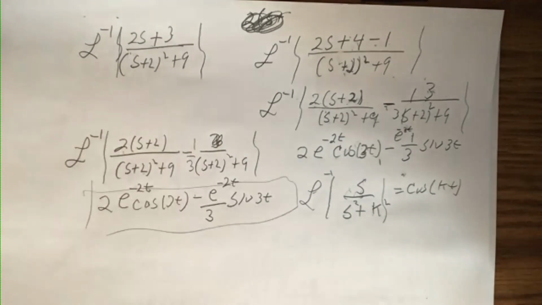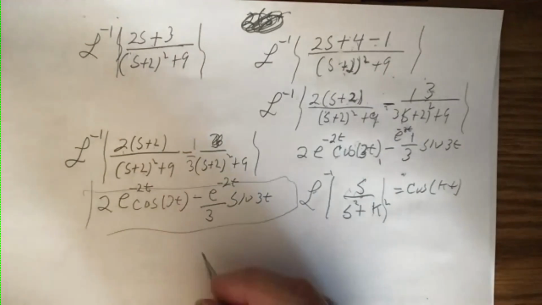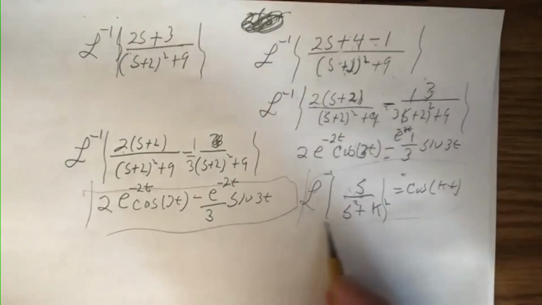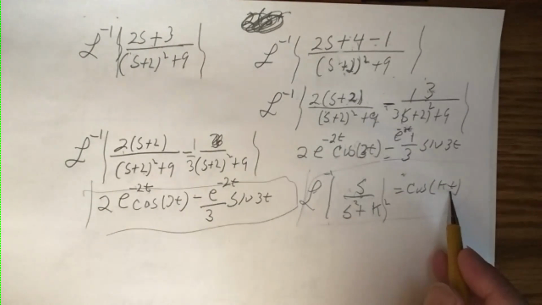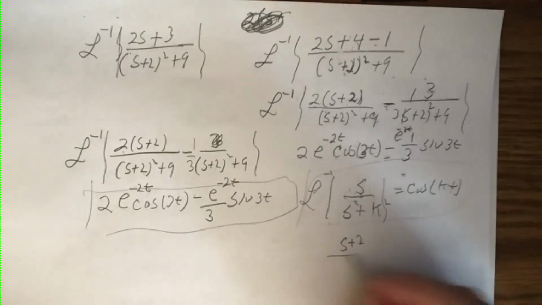Sometimes these inverse problems are a little bit difficult, in that you sometimes have to look ahead and know what you're trying to get. First of all, you have to know that the inverse cosine is given by this. And then when I have a shift, I need to have a shift.